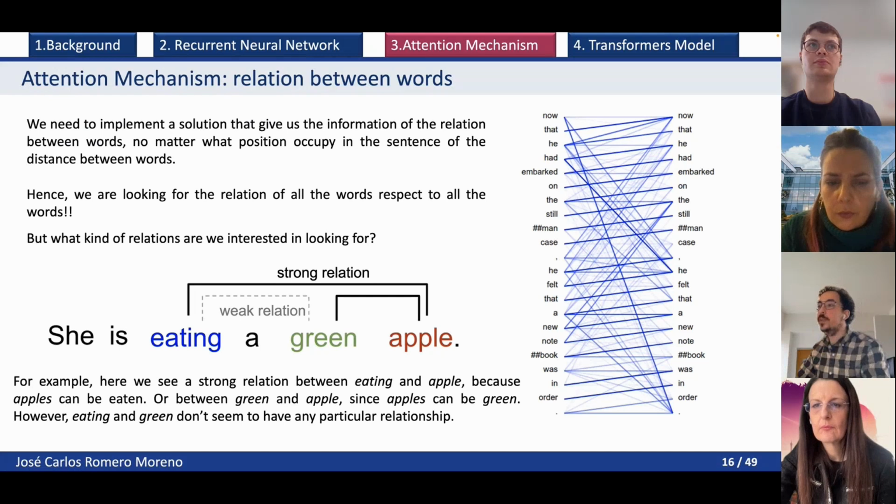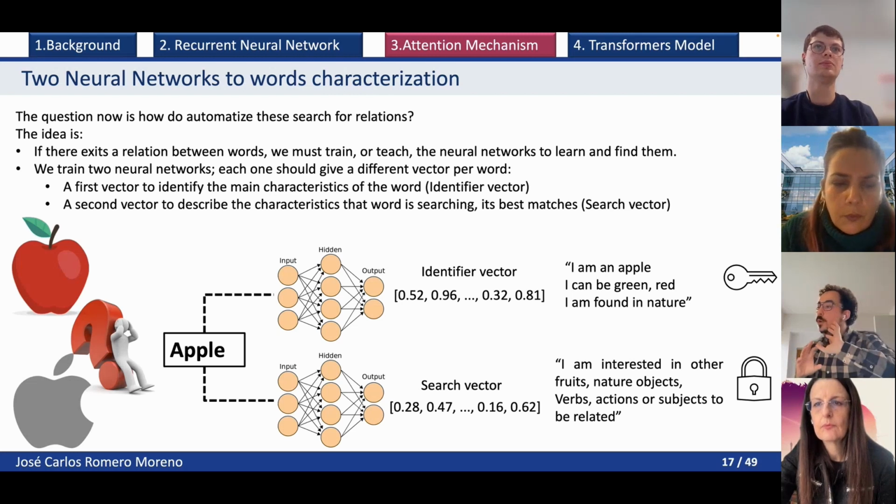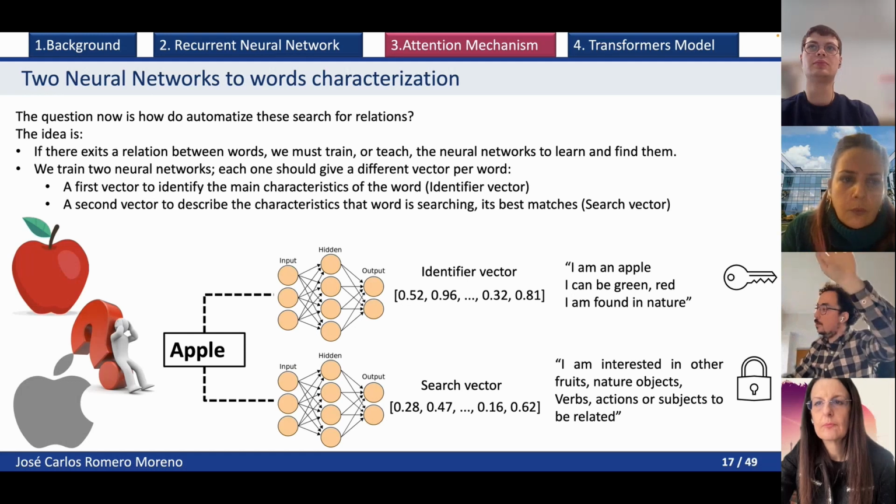So how do we do that? The question now is, how do we automate this search for relations between words in a sentence? Of course, we cannot do it manually. So what we're going to do is compute two separate neural networks.